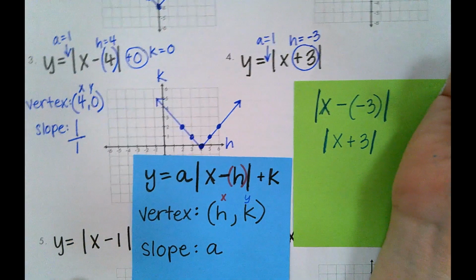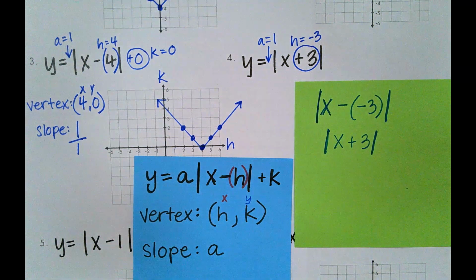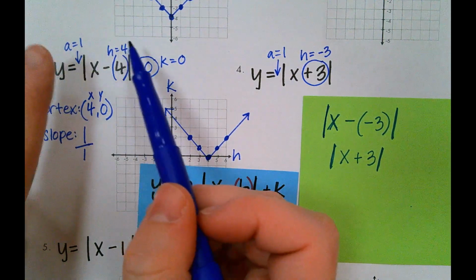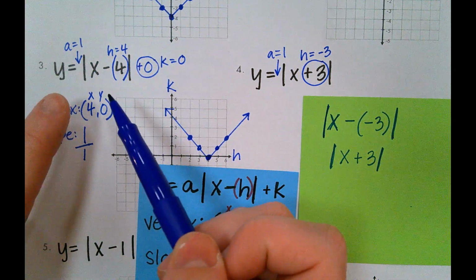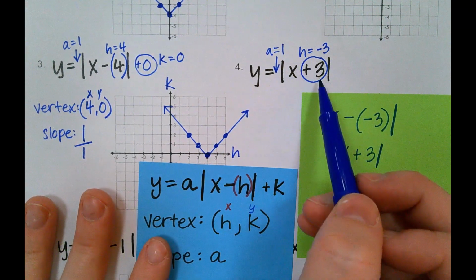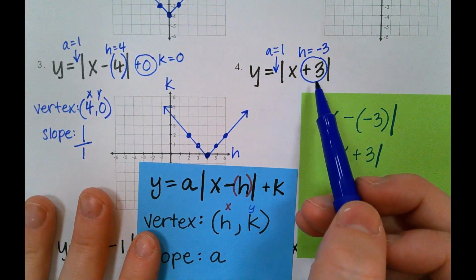H is the opposite. So what I'm going to say the quickest or easiest way to remember that, your trick whenever you're finding your h on your graphs, is that the number inside the absolute value bars, because absolute value does funny things with our signs, we'll remember that h is always the opposite sign.